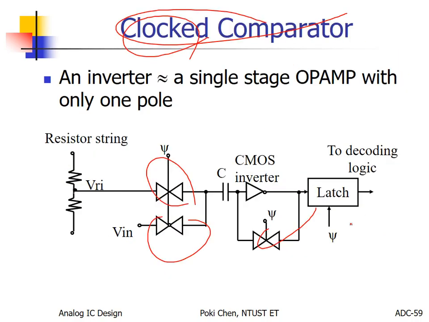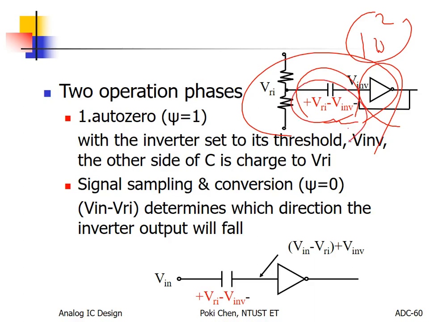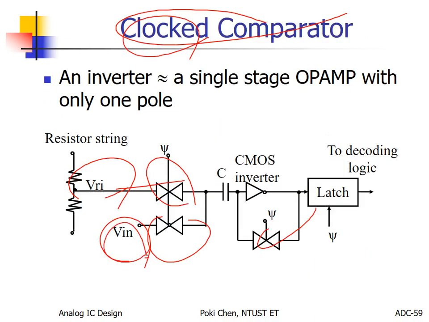because I told you already, you need to sample VRI first and then Vin second to get such kind of Vin minus VRI. That's it.